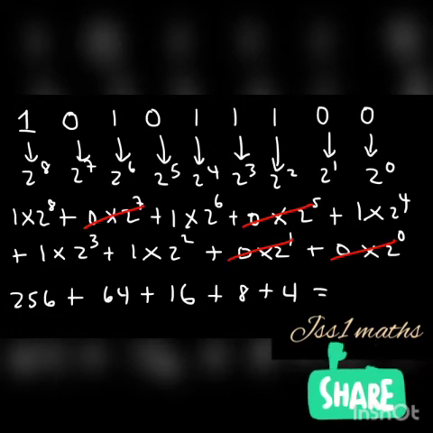And so 256 plus 64 plus 16 plus 8 plus 4 will give us our original number of 348 in the base 10 system.